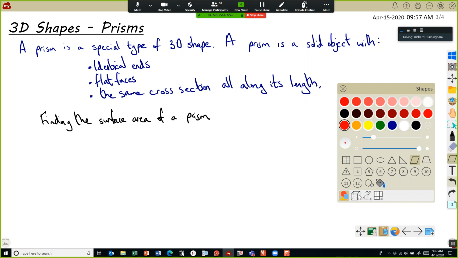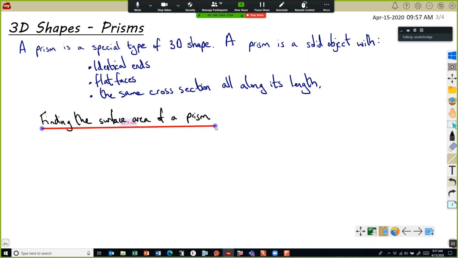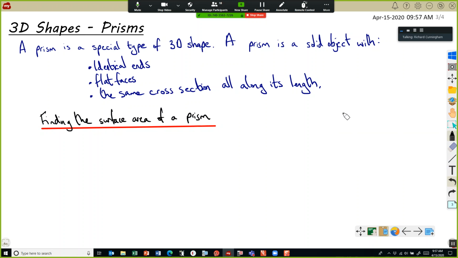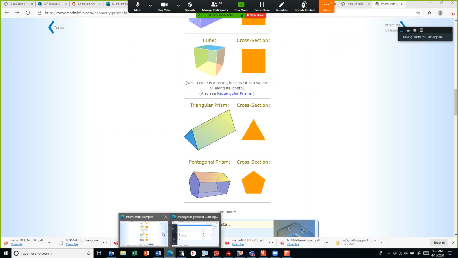Any thoughts? Yeah? Well, not the perimeter, because remember, perimeter is a length. We want the surface area. Let me pull up this other website, I'll show you.